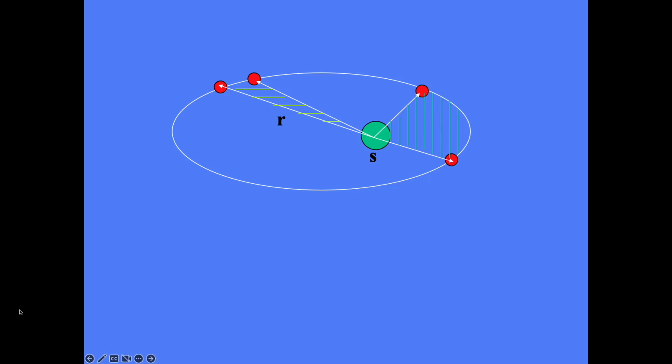I want to consider how far a planet moves in a time delta t. And I'm going to assume delta t is very small.